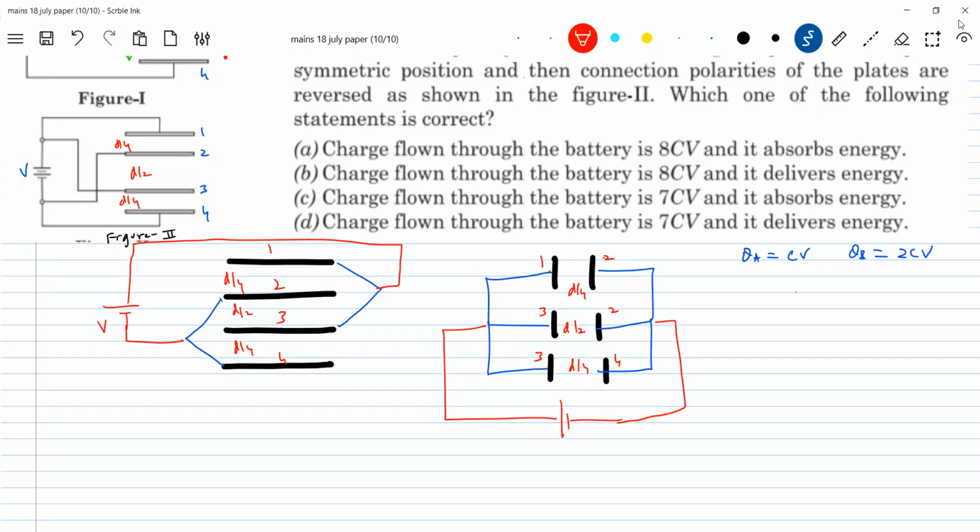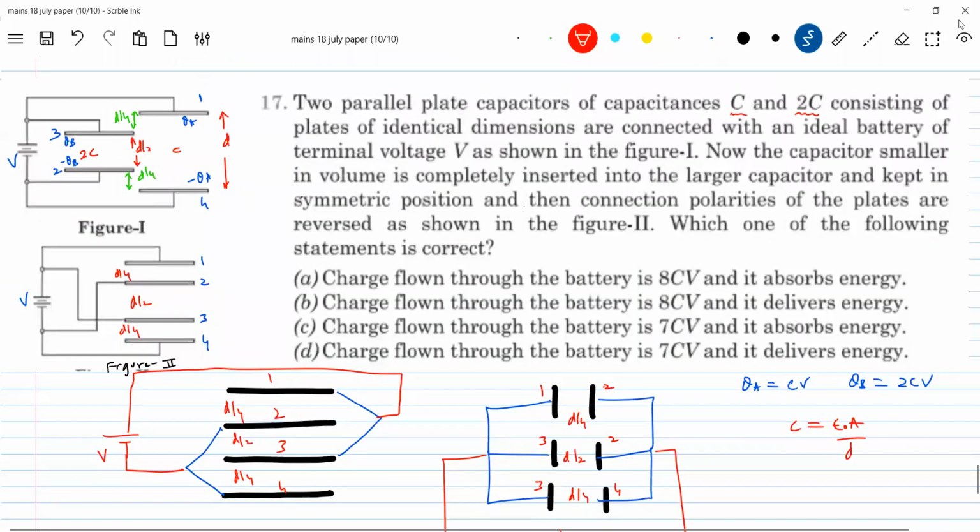Earlier what we assumed: capacitance was epsilon naught A by d. For the first diagram, C equals epsilon naught A by d, no? That is the basic idea. It has to be assumed from figure 1. This is very important.